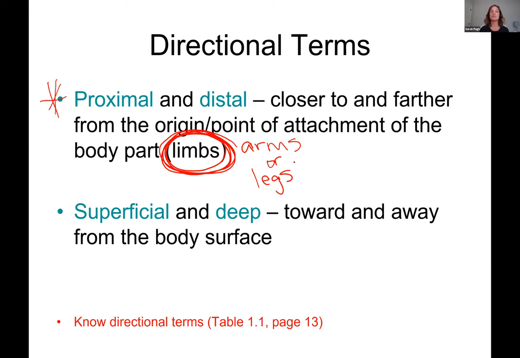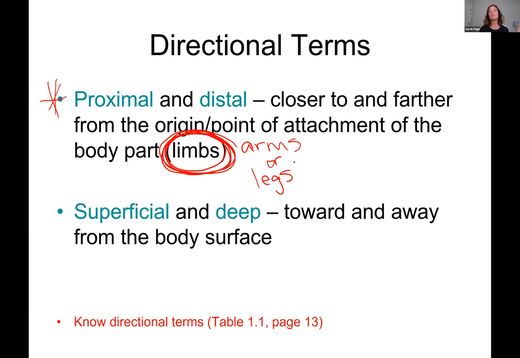You would never use superior and inferior if you're talking about something on the limbs. Proximal just means it's closer to the point of attachment, and distal means it's farther from the point of attachment.